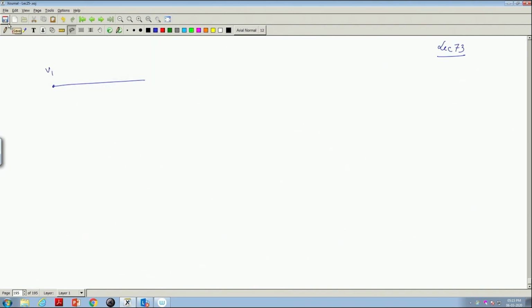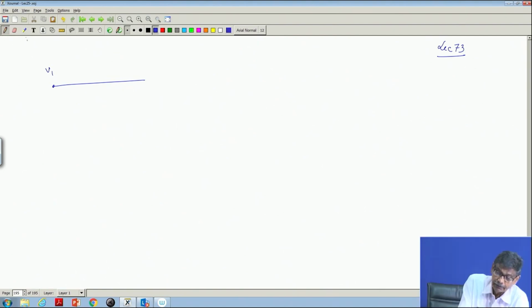So, let us take another example. Suppose a simple example, it will give you a better understanding of what we are really doing. Suppose you have a network like this, and the two port network is known. Suppose there is an impedance between these two.